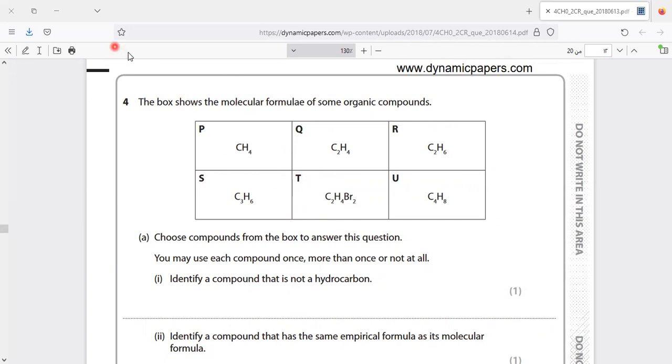It even contains bromine. As you know, a hydrocarbon is a compound which contains carbon and hydrogen only. But here T contains C2H4Br2. It contains bromine, so this is not a hydrocarbon. Okay.